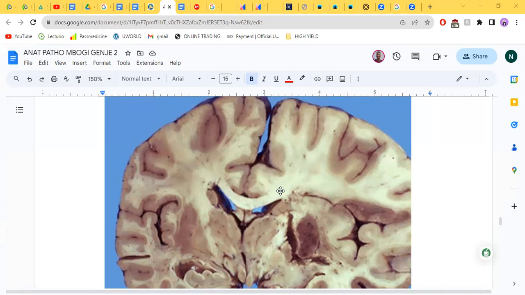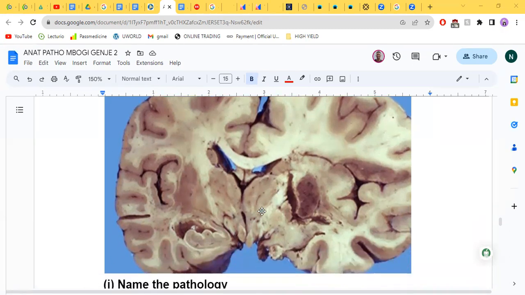Okay, so what will be our diagnosis of this? Any tries? A cerebral infarct.